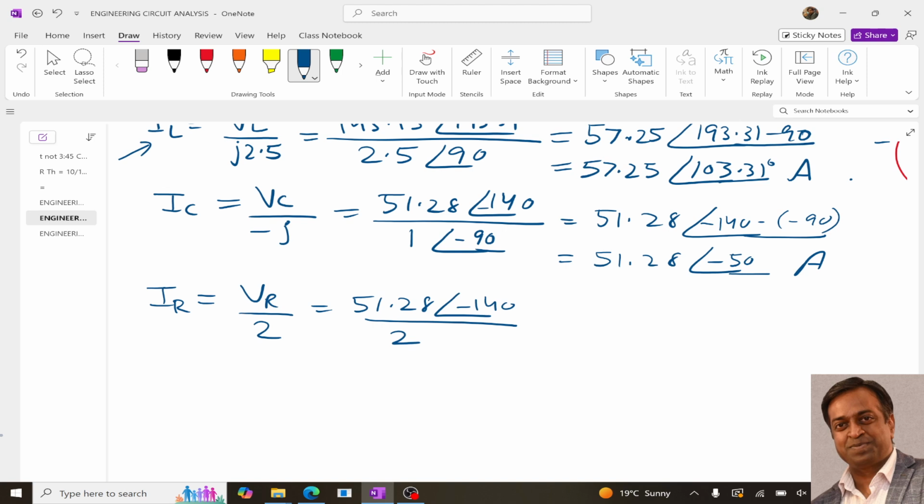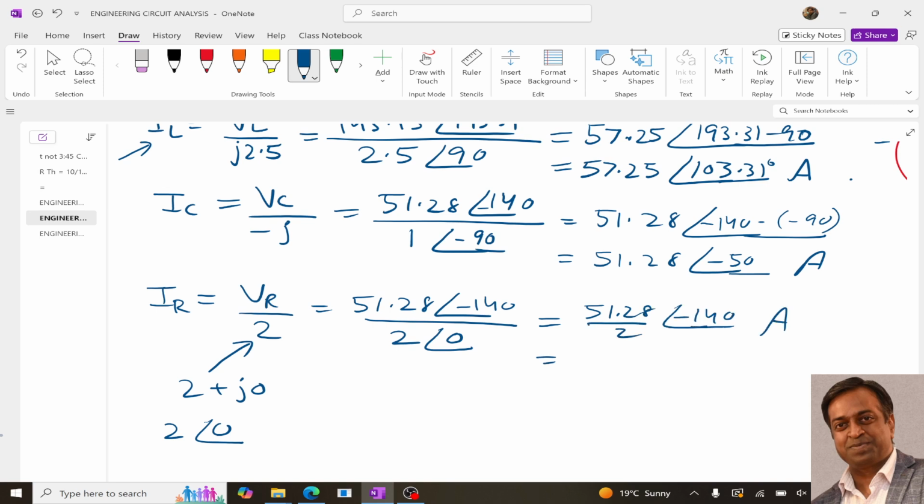Now this 2 can be written as 2 J0, and if you find the magnitude, it will be 2, angle will be 0, right? Simply, if you solve this, 51.28 by 2, angle minus 140, it will be 25.64, angle minus 140 ampere. So this will be our IR.